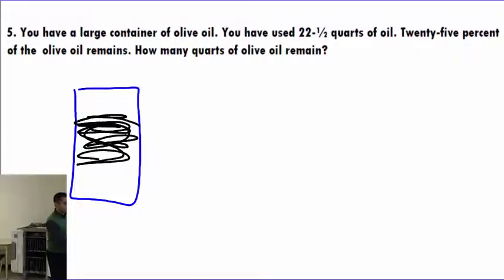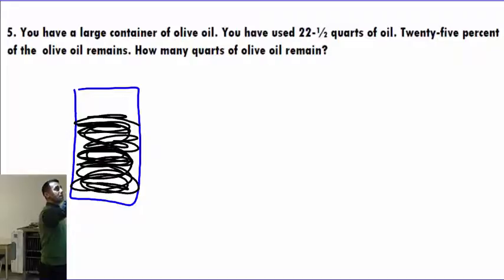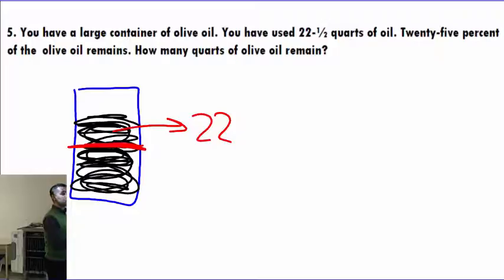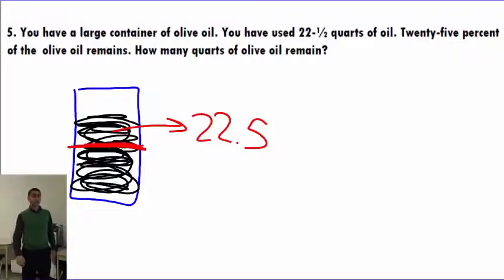This was all oil, and I used up to this point. I'm just assuming. And this part, the question tells me it's 22 and a half. I'm going to put 22.5 here. Quarts of oil.